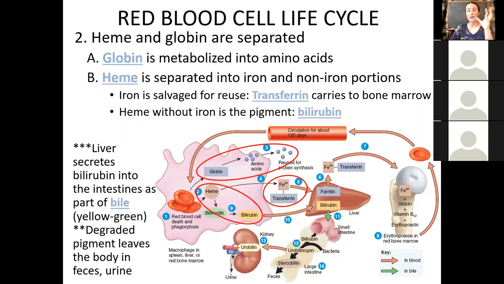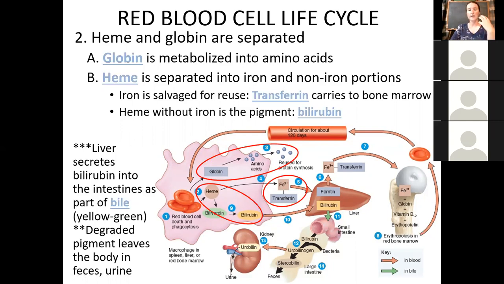Bile itself and the bilirubin component has this yellowish pigment, and this is actually what makes the feces, for a large part, brown. So the yellowish tint to feces is due to bilirubin.